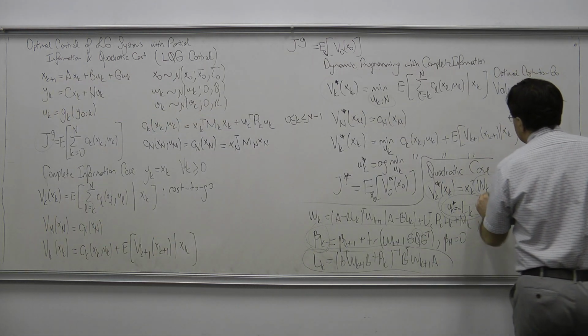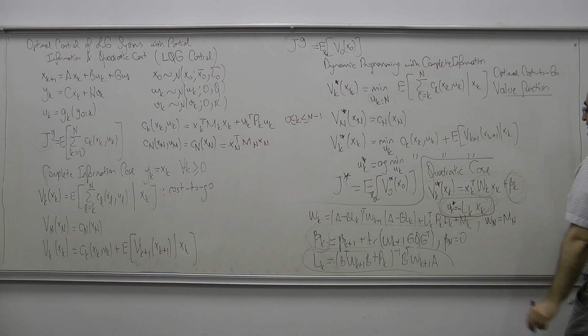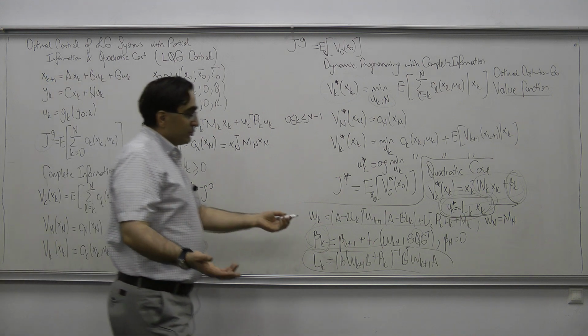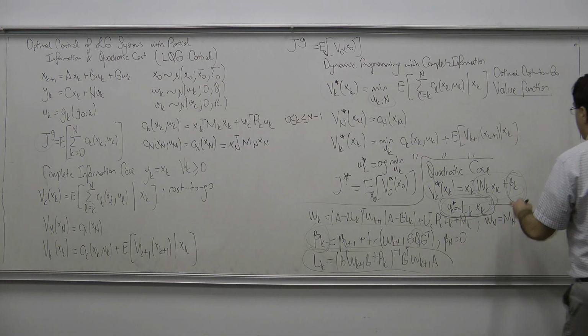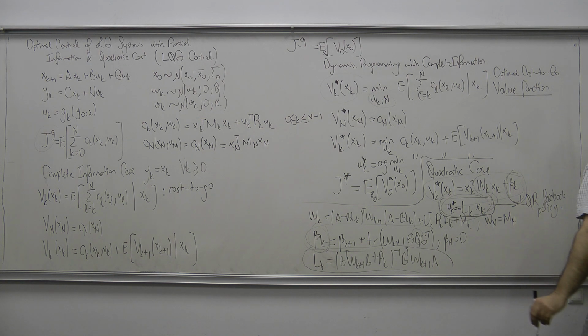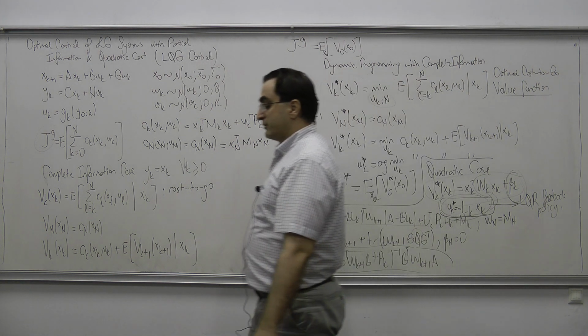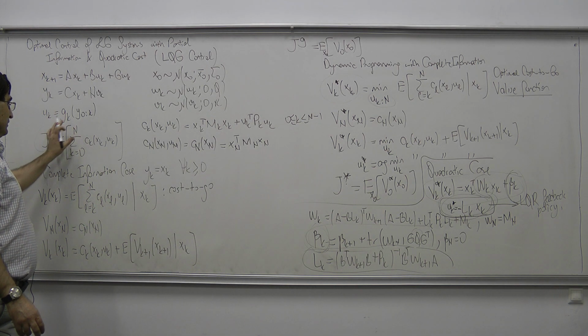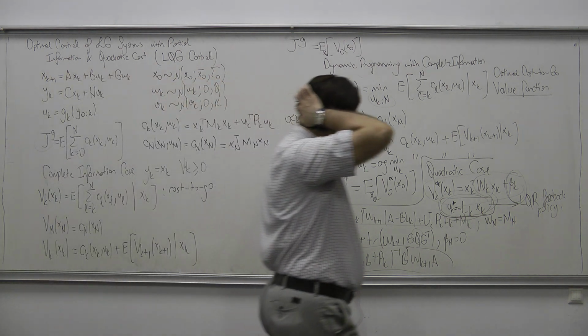Okay? So here, the control policy that we find is actually also the control policy of the deterministic problem when the process noise is non-existent, and this is nothing but the linear quadratic regulator control policy or feedback policy. Okay? So changing Q does not affect the control policy, but it is going to increase or decrease the expected cost at the end. All right?